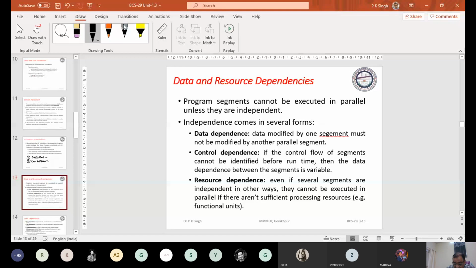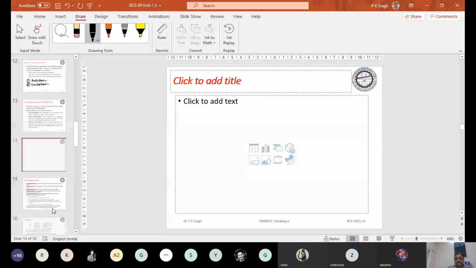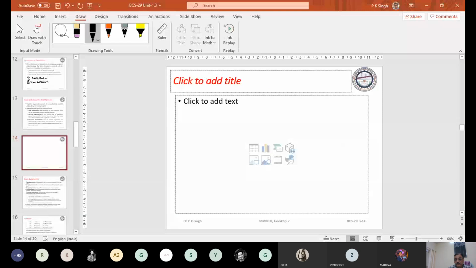Data dependence structure of the program means, just see, you have written several statements S1, S2, S3, S4, S5.